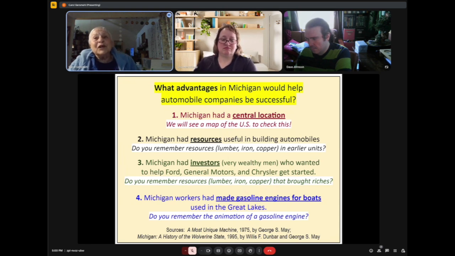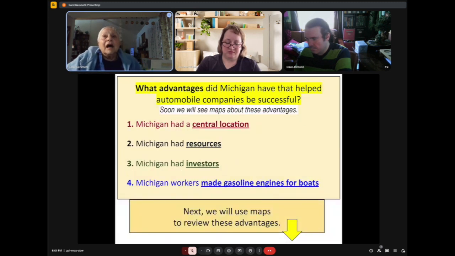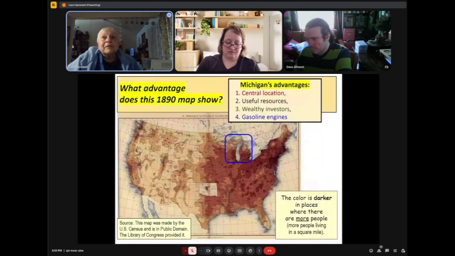Finally, number four, there's something kind of unique about Michigan. There were lots of workers in Michigan, often in our cities near the Great Lakes, who made gasoline engines, not for automobiles, but for boats, which might have been a little bit easier than making them for automobiles. So there are the four reasons, the advantages.